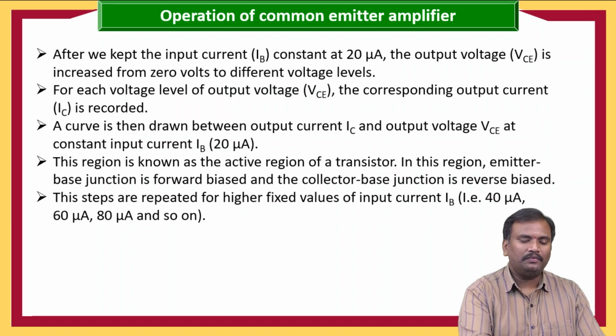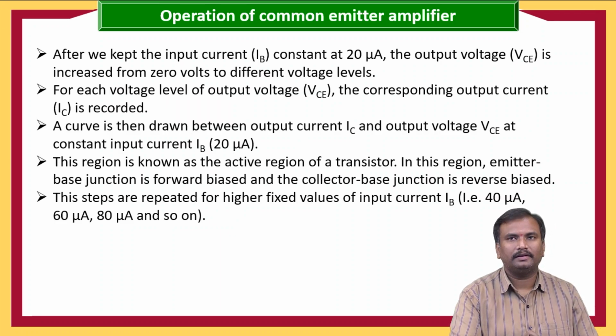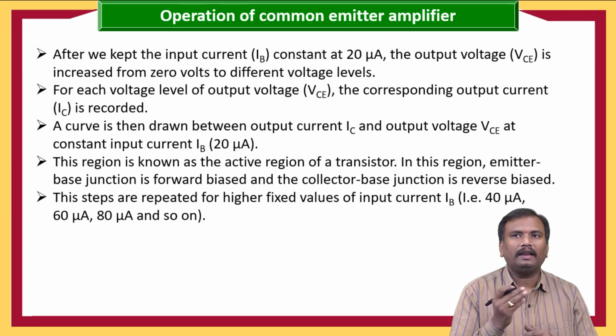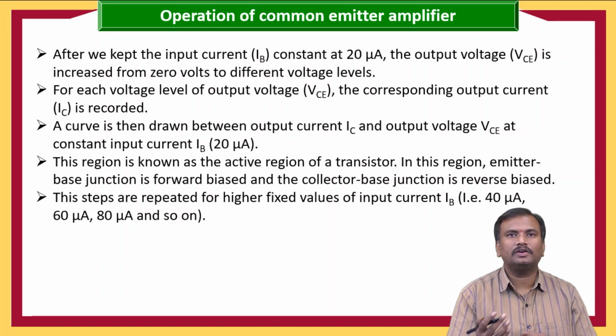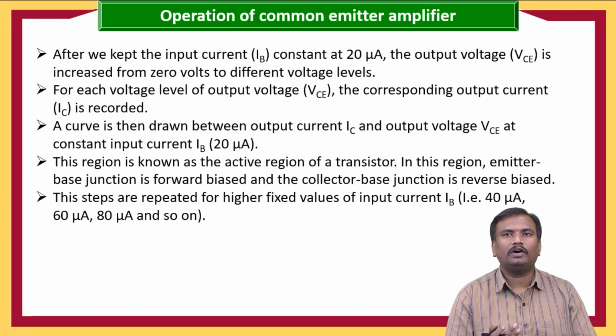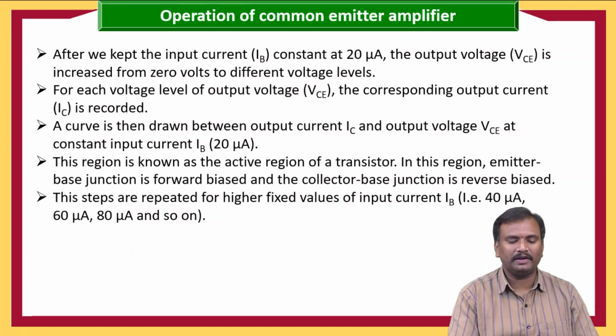So when the current in the collector is available with some values of base current, either 20, 40, or 60 microamperes, this particular region is known as the active region of the transistor.